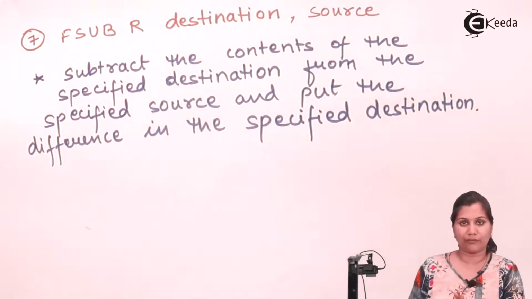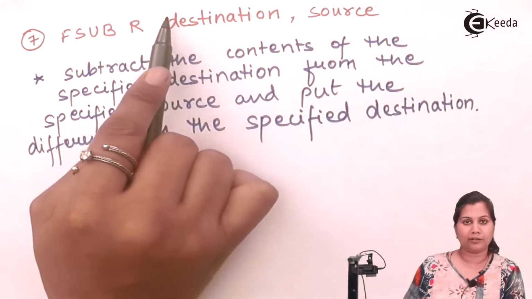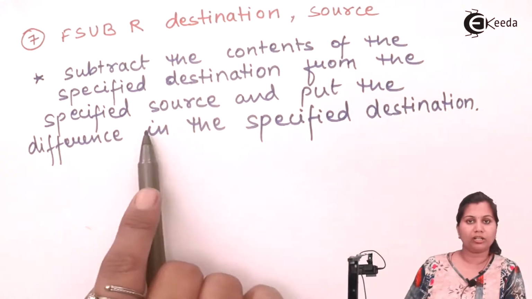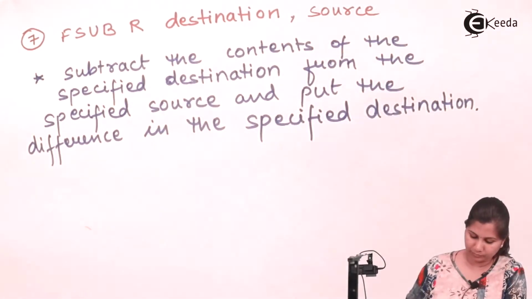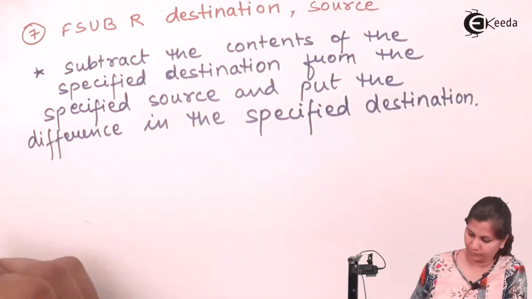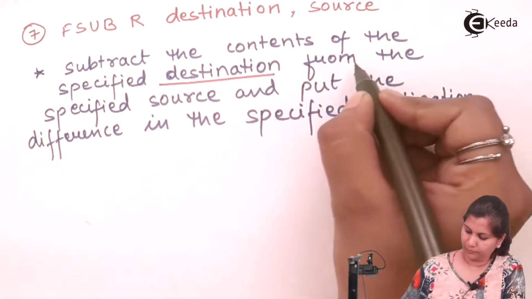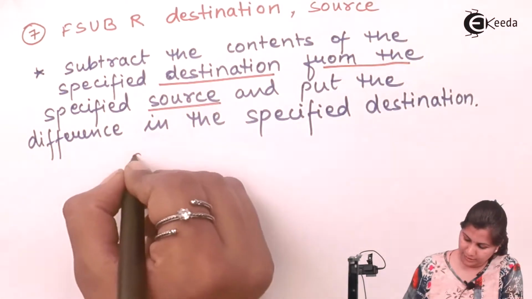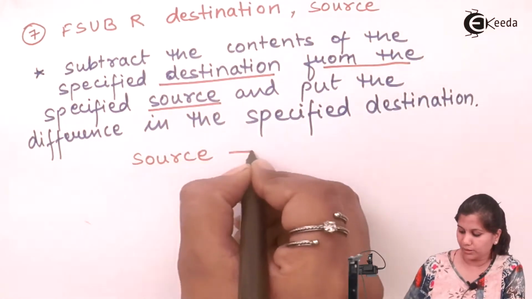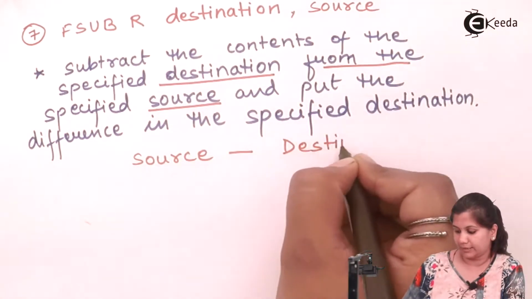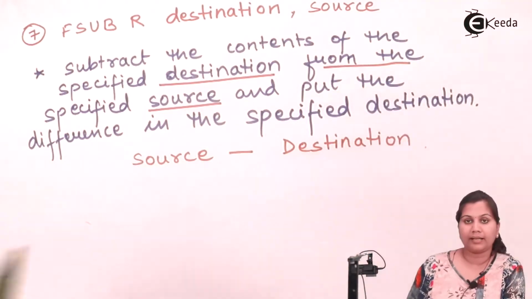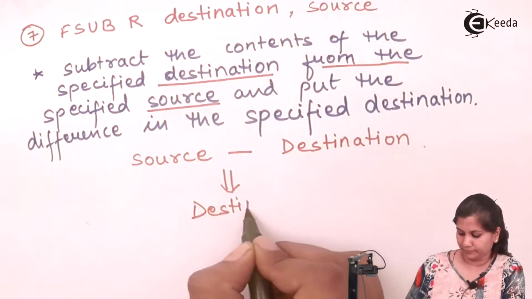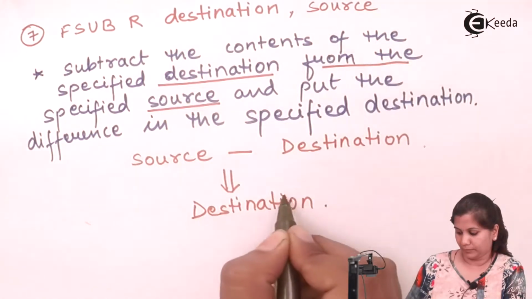R is for the reverse of this. Here we will do the operation source minus destination, and the result of this will be stored at the destination. Okay.